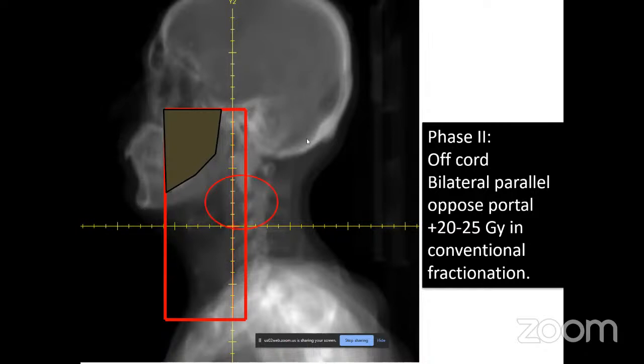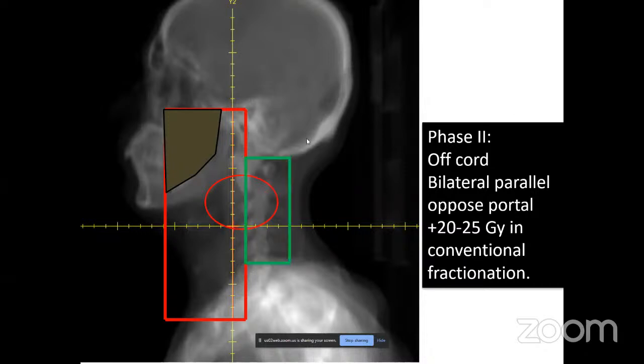But the problem with our patient was that the patient had a large lymph node there. Once you reduce your posterior border, you cannot treat this posterior part of the lymph nodal region with photons, because the photons will give significant dose to the spinal cord.